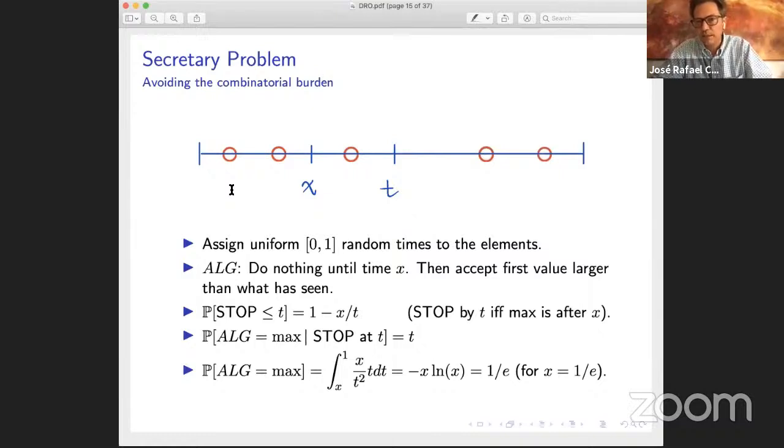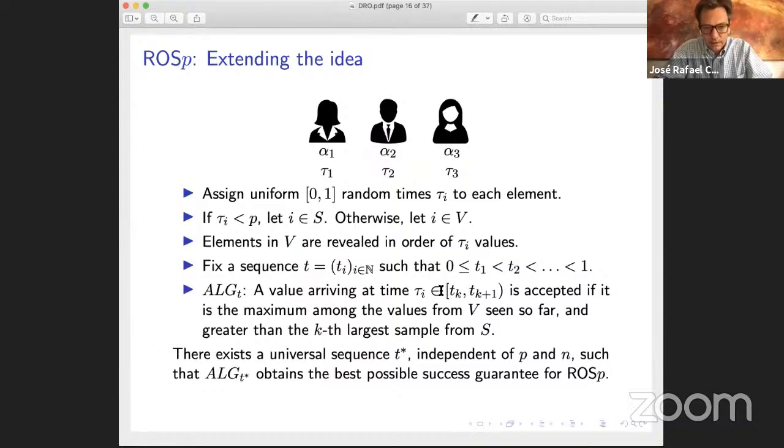It's much more likely that the maximum is in S than outside S. So what you do is that you start relaxing this, and you have these times that tell you how to relax this. So these times, TK, say, okay, from TK on, I'm willing to accept a value that's a local maximum, of course, and also only within the K largest elements in S.